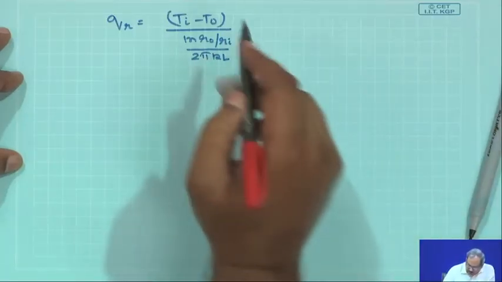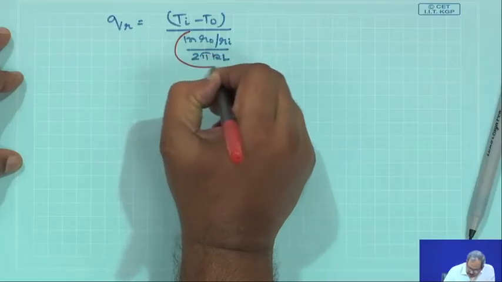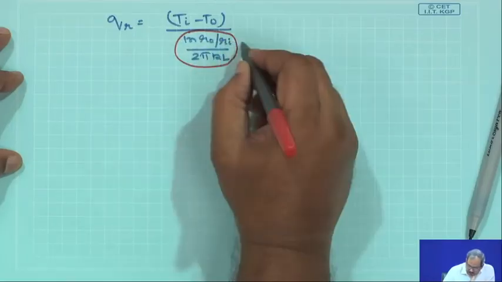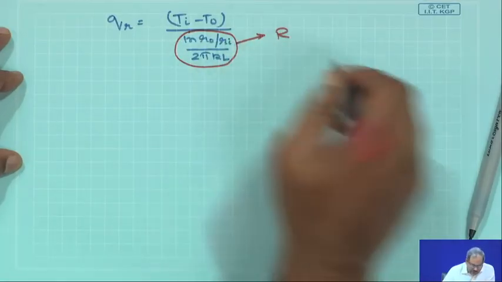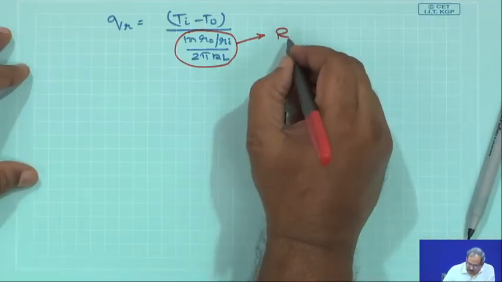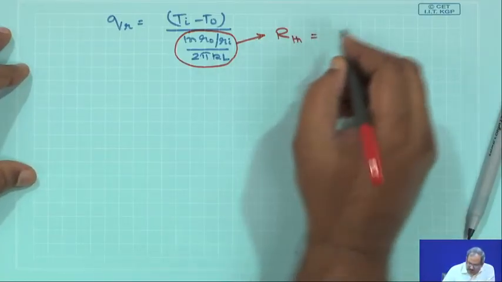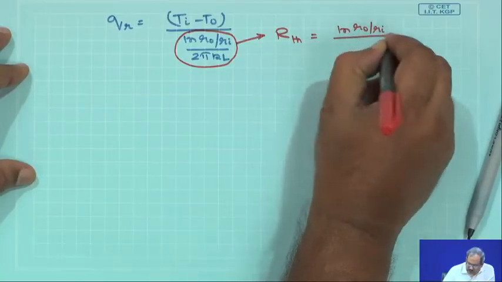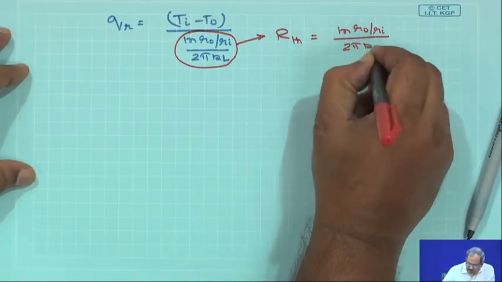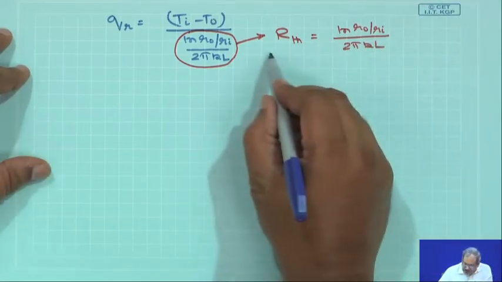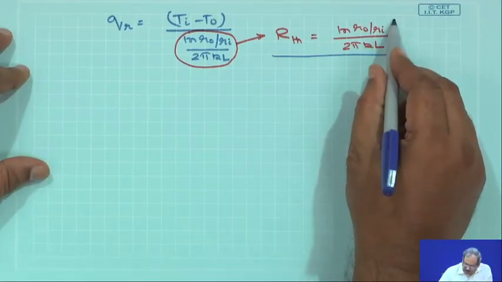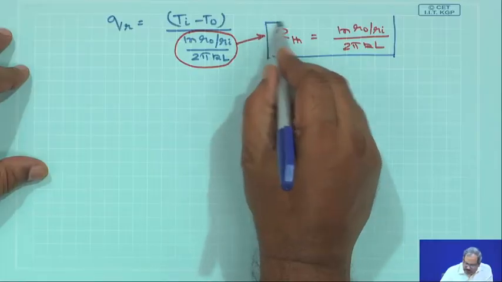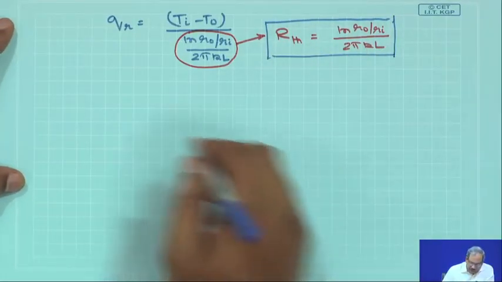What you have here in the denominator is your resistance, the thermal resistance, which obviously is this. So, this is an important result which gives us the resistance to heat transfer in such a case.